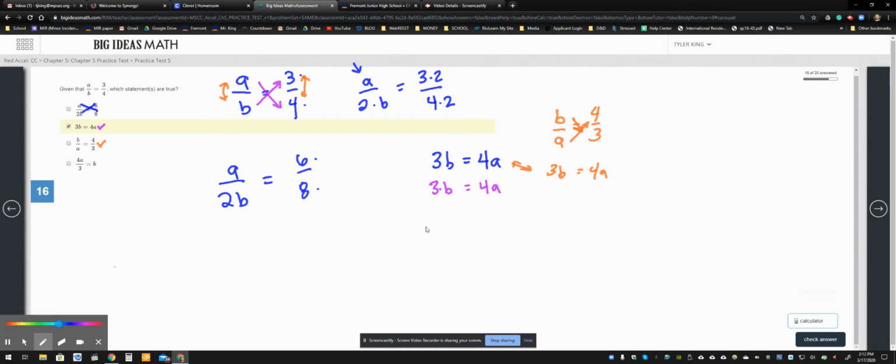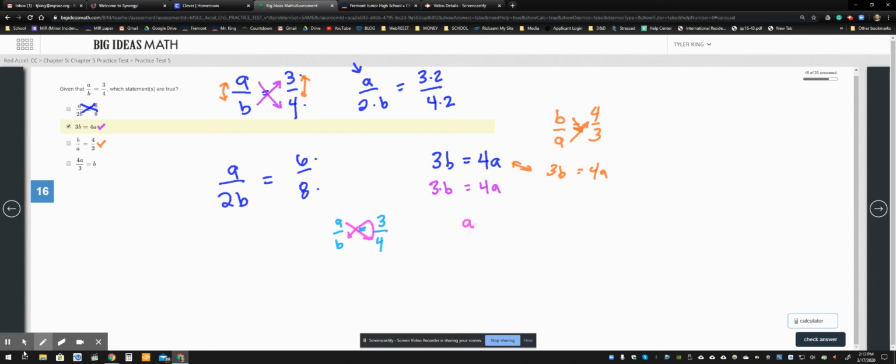Looking at the next one, we have that 4a over 3 is equal to b. So we have 3 over 4 is equal to a over b, and we're trying to get it to look like this, where this 4a is right here. The way it looks to me is that they did their cross multiplication here. Starting with our a, they did 4 times a divided by 3 is equal to b.